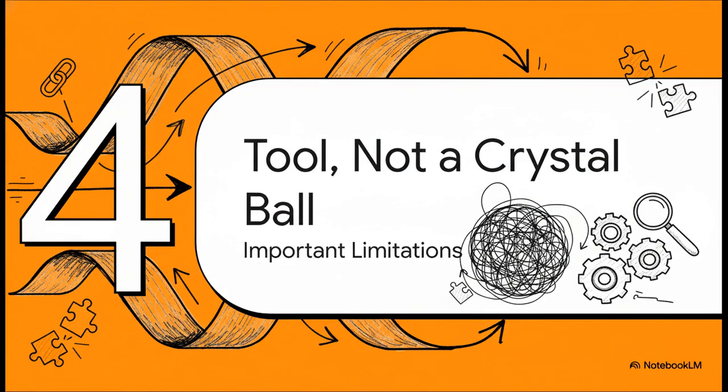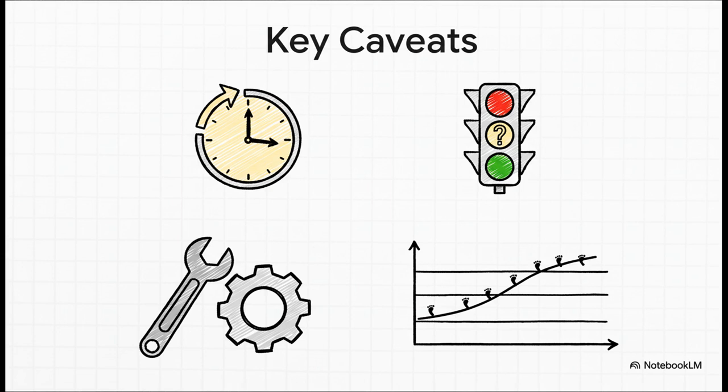Now, this next part is super, super important. As powerful as Bollinger Bands are, they are absolutely not a crystal ball. They've got some major limitations that you have to understand if you want to use them well and avoid some really common mistakes. So here are the big ones. First, they are a lagging indicator. They're telling you about what's already happened, not what's going to happen.